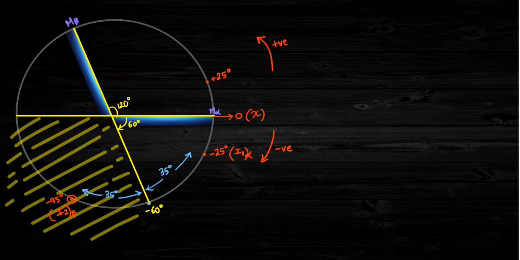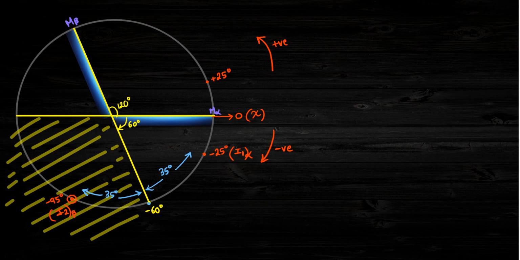Alright, now let us consider the reflection that happens from this plus 25 directly onto the mirror M beta. Here the first reflection happened on M alpha and then the second reflection happened on M beta. Now let's consider the reflection that happens directly on M beta.